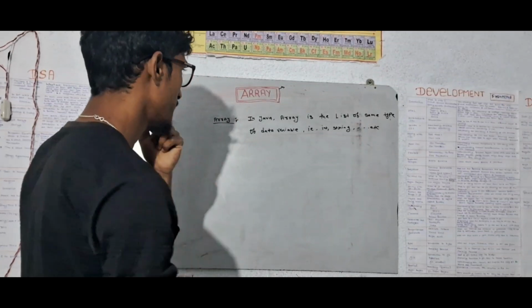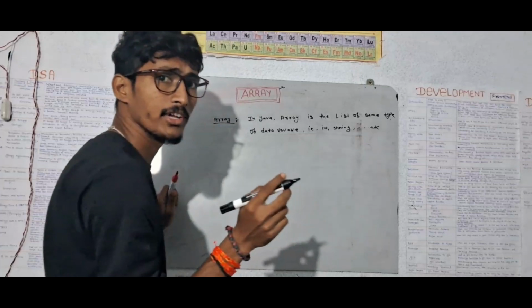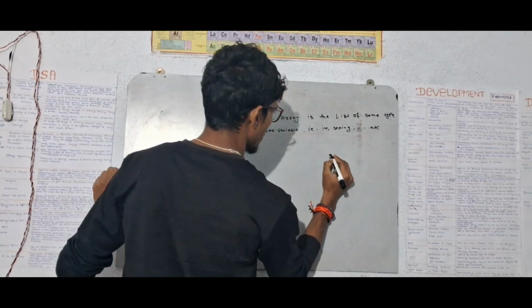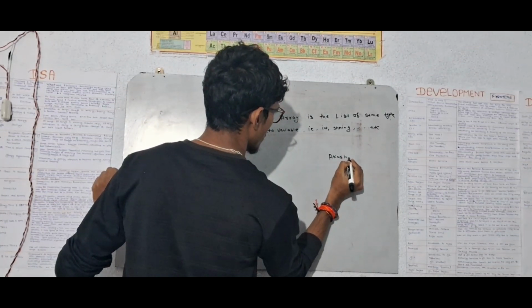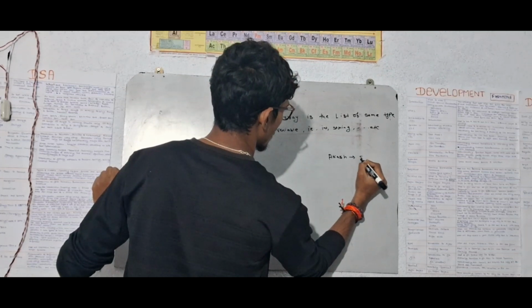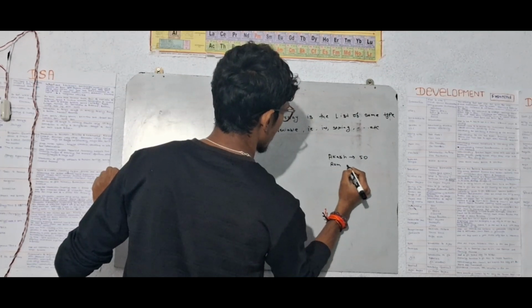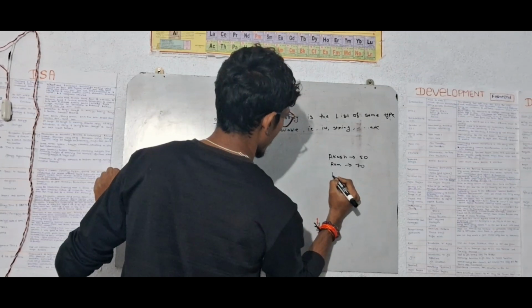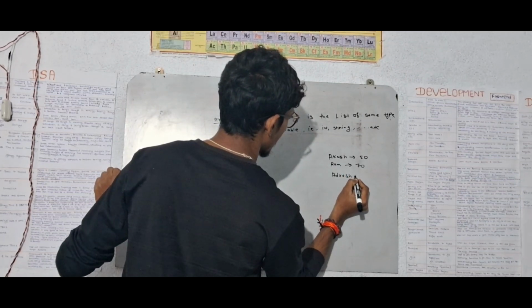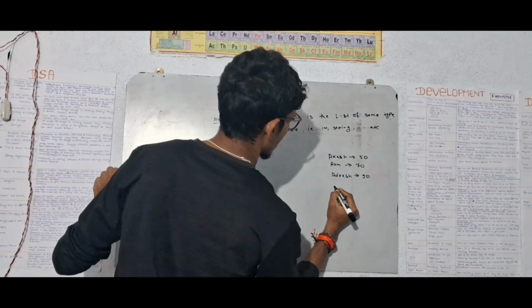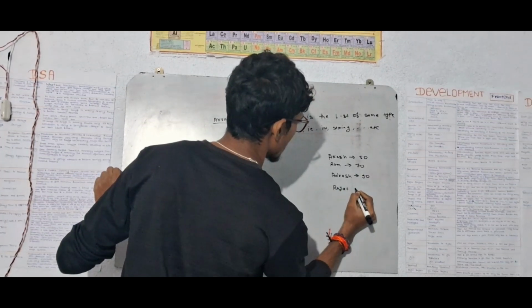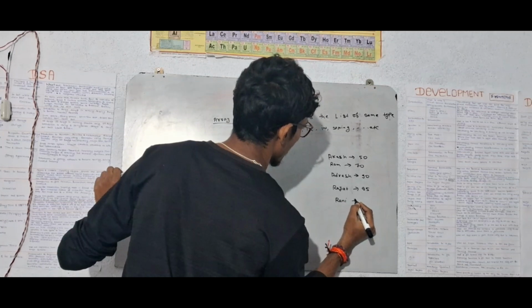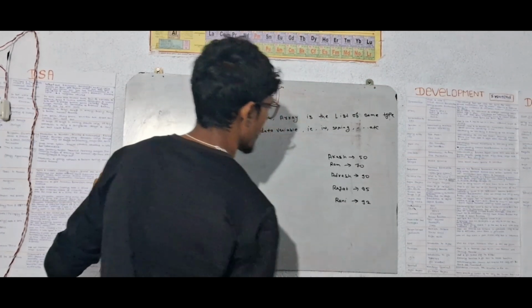Let's take a condition. We have the marks of 5 students. Akash scored 50, Ram 70, others 90, Rajat 95 marks and Rani scored 92 marks.